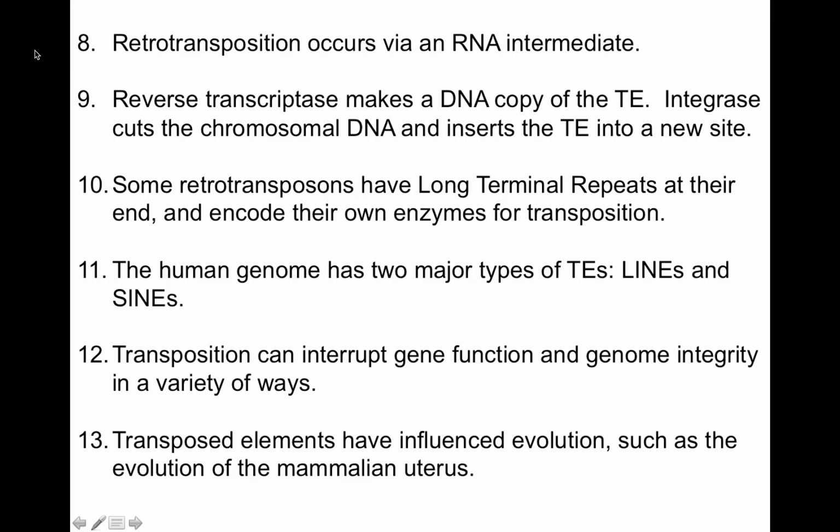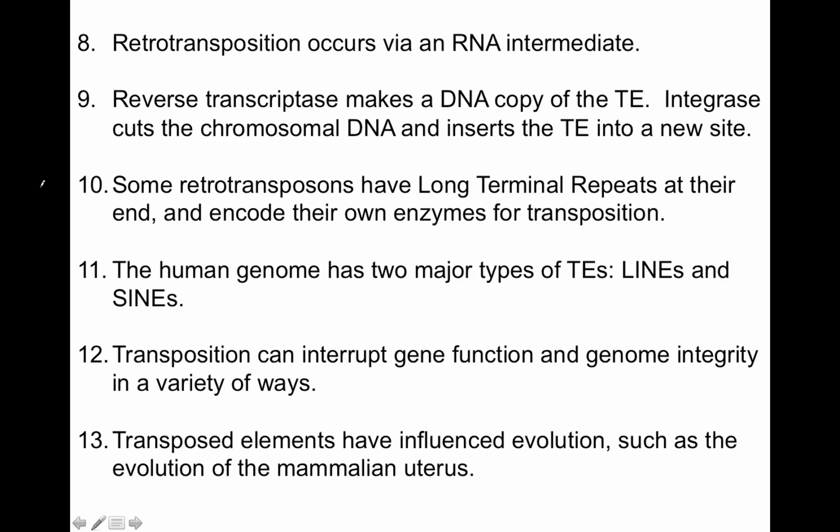Retrotransposition occurs via an RNA intermediate. Reverse transcriptase makes a copy of the TE and cuts the chromosomal DNA and inserts the new TE into a new site. Some retroposons have long terminal repeats at their ends and encode their own enzymes for transposition.